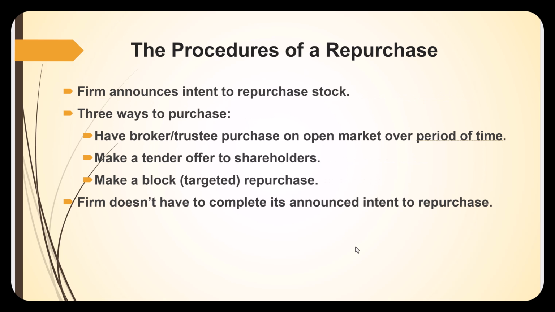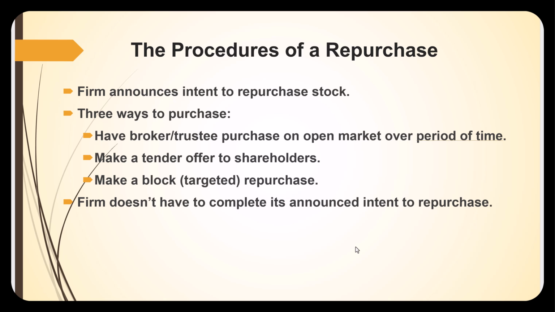So what is the process of that? We announce the repurchase, and of course we have to figure out how we're going to do this. We could have a broker just go out and buy the stock from the market. We could make a tender offer to shareholders, basically say, hey, we want to buy this stock back.